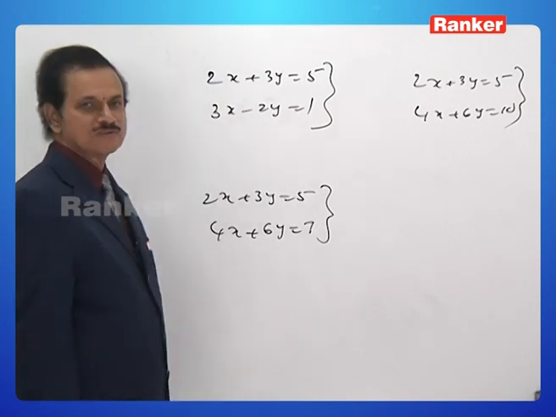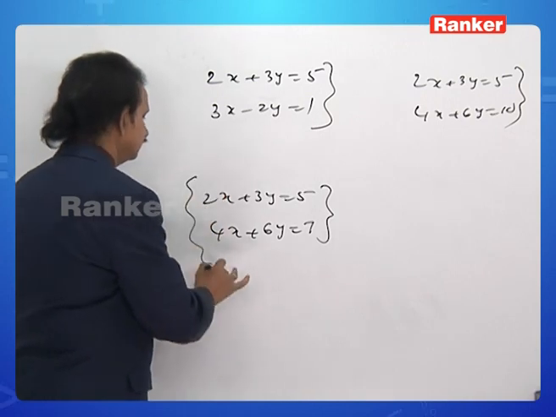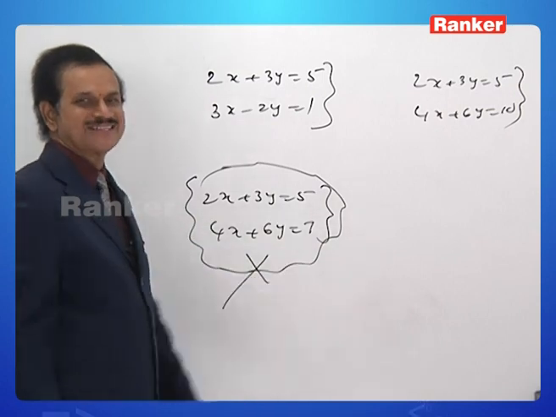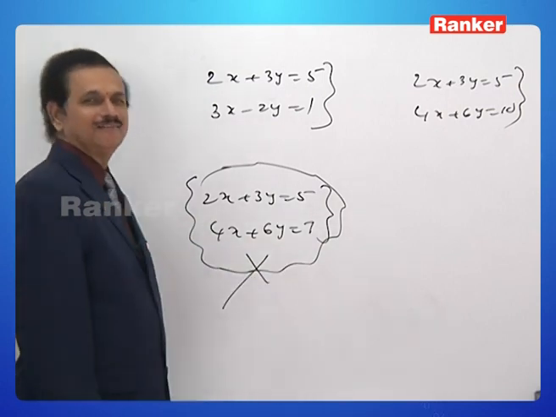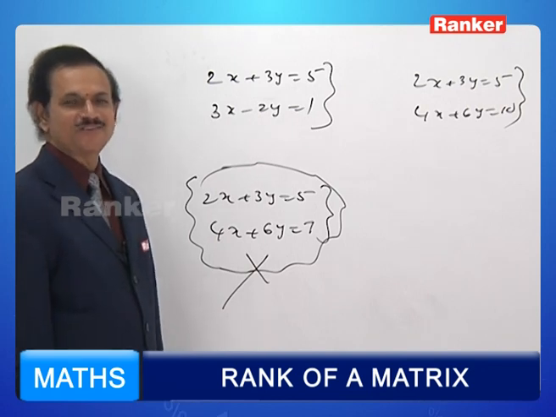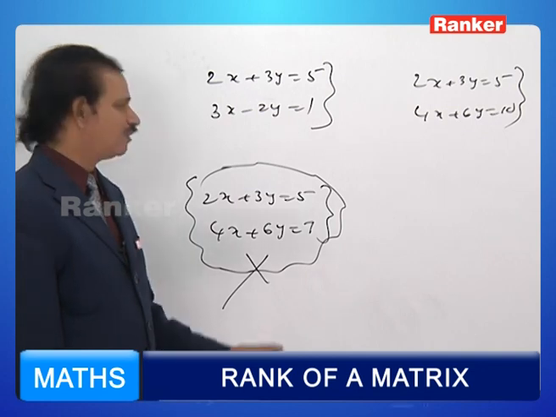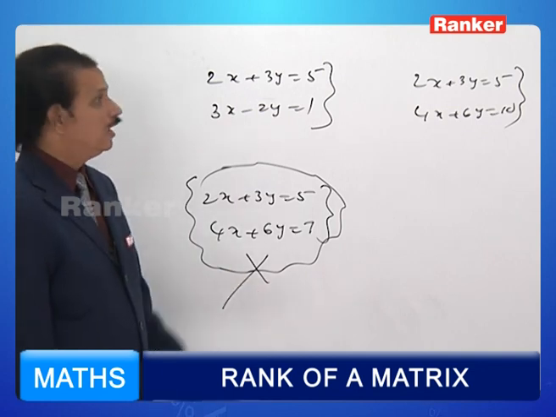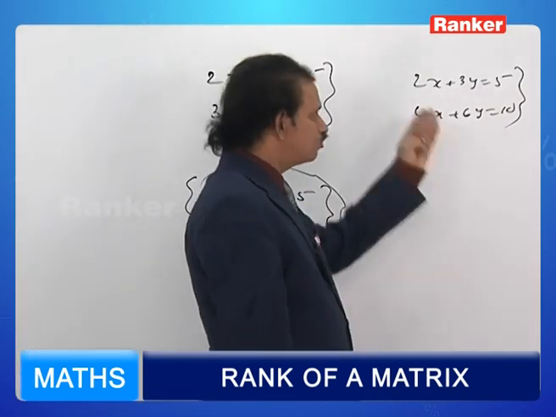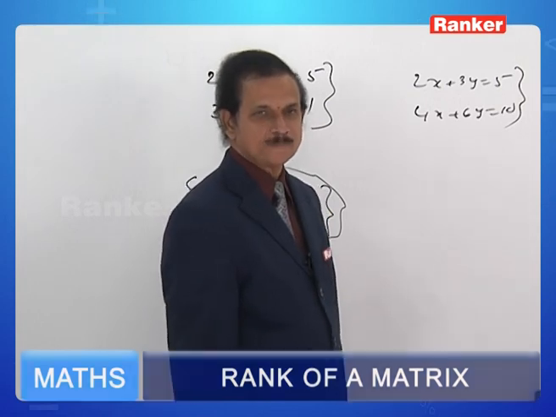There will be no more solution. Here, this will have no solution at all. You can check. Why? These two are parallel lines in coordinate geometry. They do not meet at all, so they do not possess a common solution. Whereas those two equations have infinitely many solutions. Isn't it?